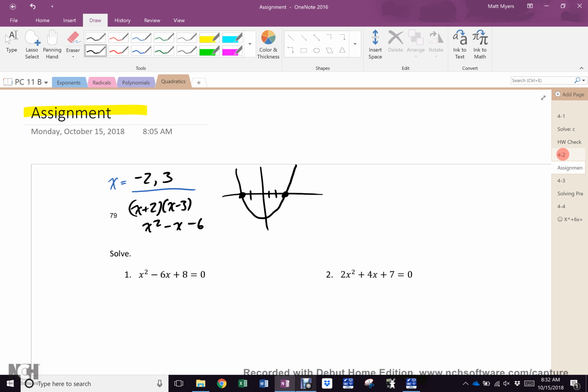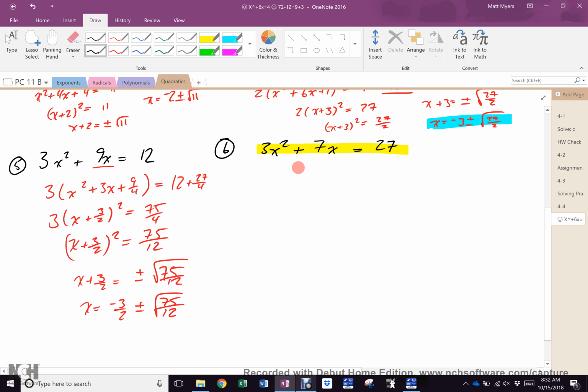Now, the question somebody always asks, but Mr. Myers, we just did a bunch of questions where the answers were barfy, like -2 plus or minus root 11, right? And you said that that's how you want your answers written. That is how I want my answers written. But does that allow us to graph it? No. To graph this, we would, of course, have to use the approximation of root 11, which is like 3.2 or whatever it is.